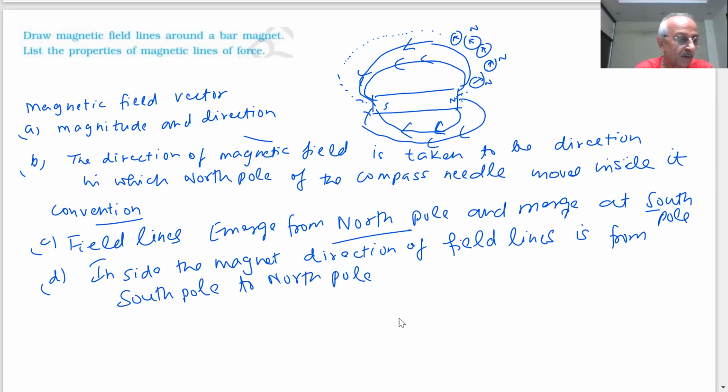So the field lines never intersect with each other. Yes, they will never intersect. The direction of field line is from south to the north pole. Magnetic field lines are closed curves.